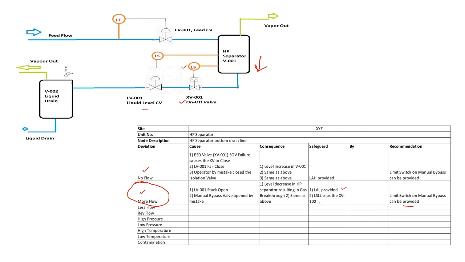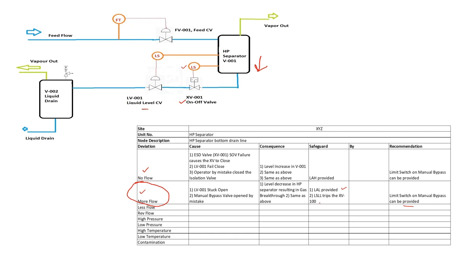But can we choose an ordinary level switch for this purpose, which has a very high failure rate? And can we choose an ordinary on-off valve with a high failure rate, or do we need to choose a very sophisticated one?